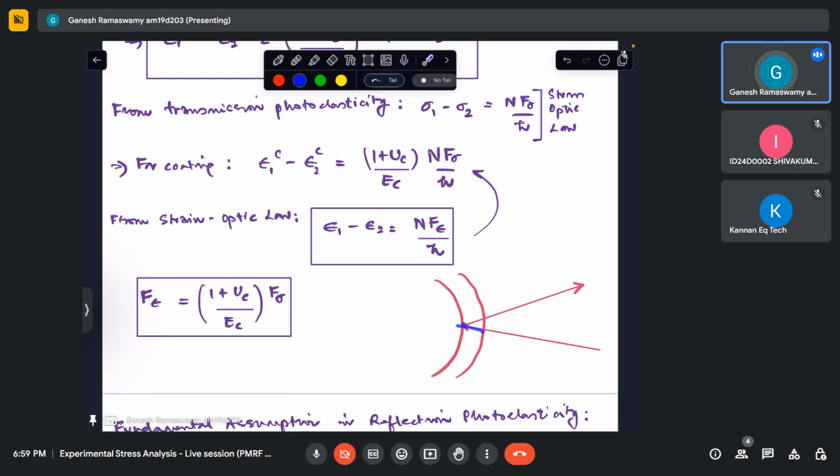So in such a case, the light that enters here leaves that way. Essentially, light is traversing twice the thickness of the coating, which is why this T can be understood as the actual light path.